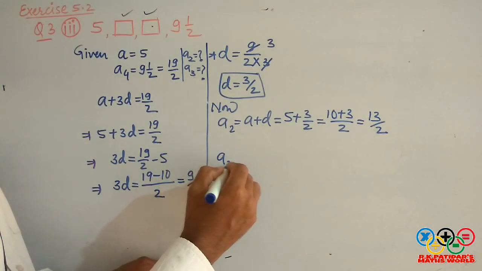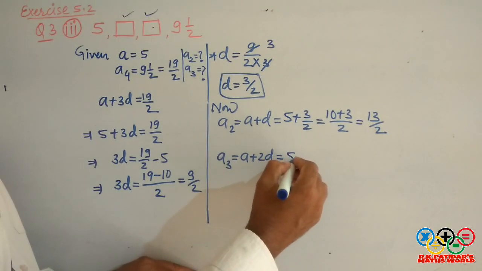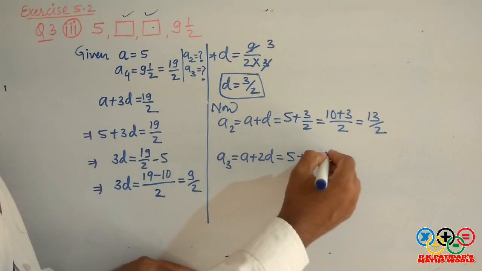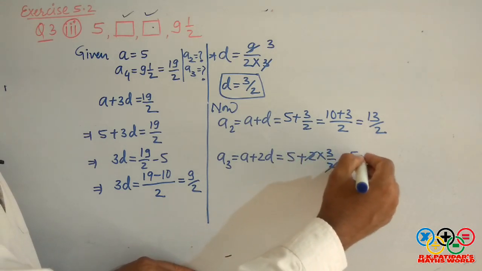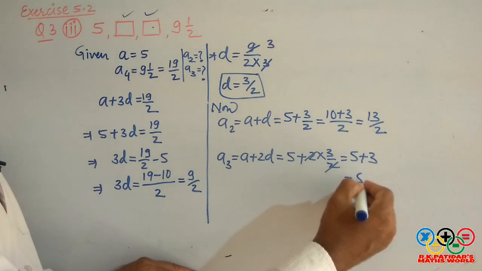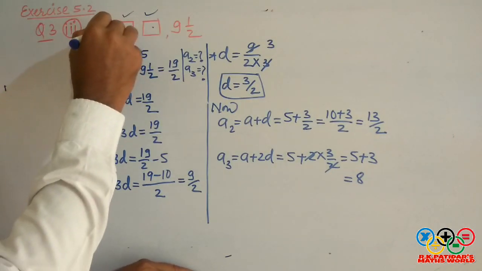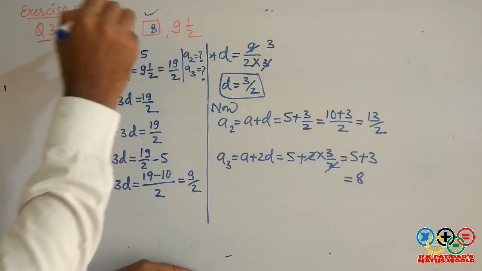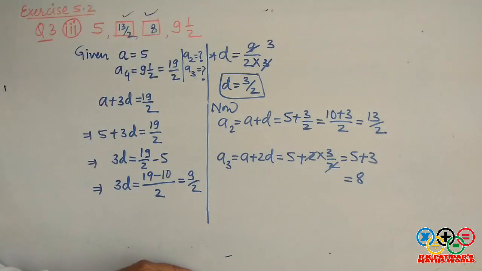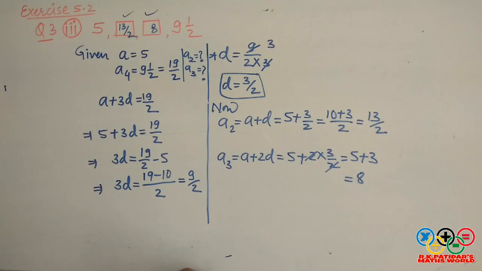The second term will be 13 by 2. And the third term is a plus 2d. a is 5 plus 2 into d. d is 3 by 2. The 2s cancel. It will be 5 plus 3, that is 8. So here the second term will be 13 by 2 and the third term will be 8. In this way you can solve all the problems where the first and last terms are given and the terms in between are missing.